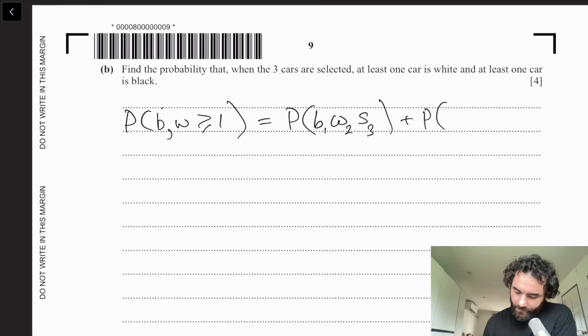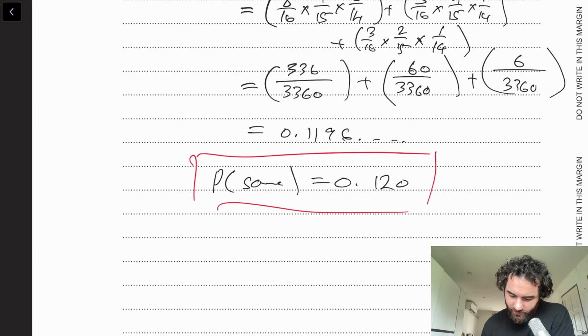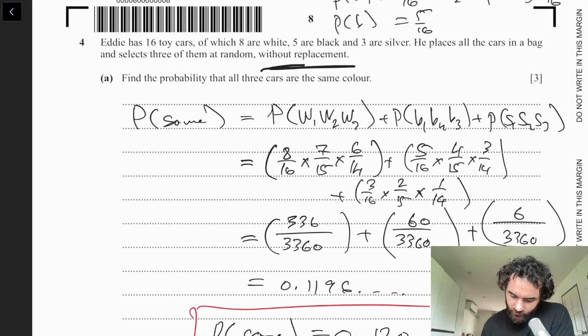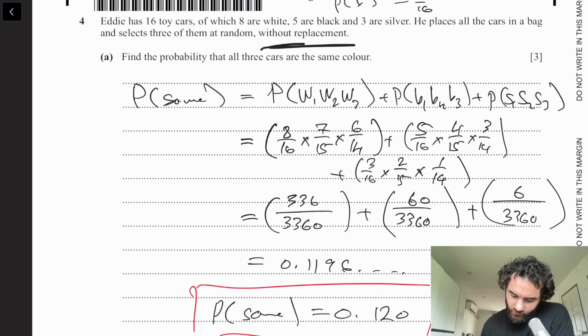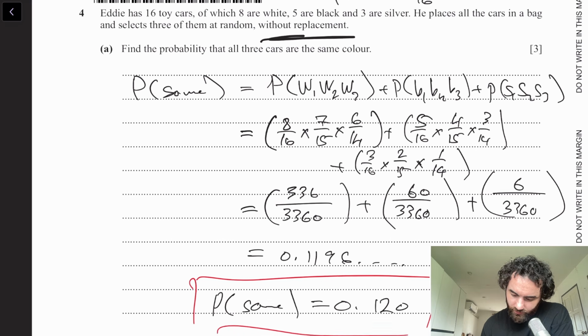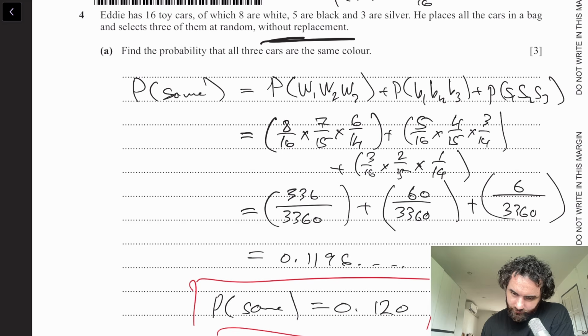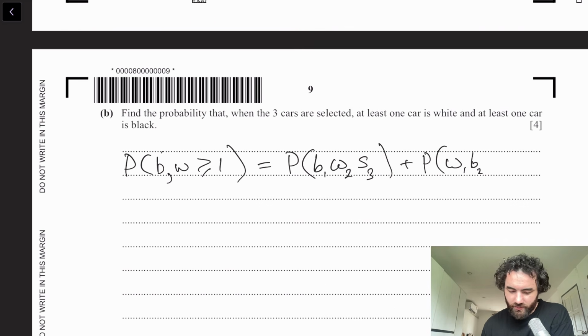Plus a black one. Would it matter if I do white one, black one? Select 3 of them at random without replacement. It would matter what order he selects them in. Right, because it's going to change the probability. So a white one, a black one, silver one.